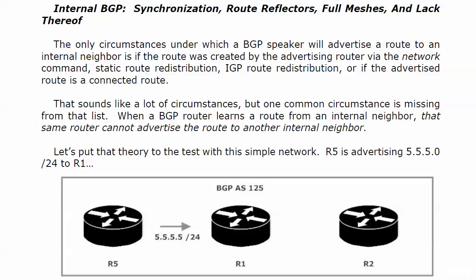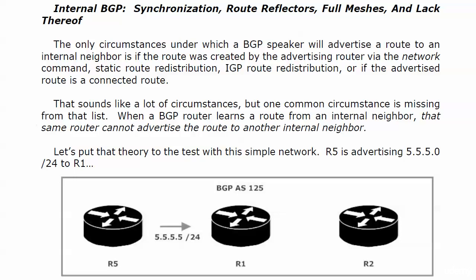Now, you look at that list and say, sounds like a pretty comprehensive list to me, but there's one very common circumstance missing from that list. When a BGP router learns about a route from one internal neighbor, that same router cannot advertise the route to another internal neighbor. And that's a pretty common circumstance.